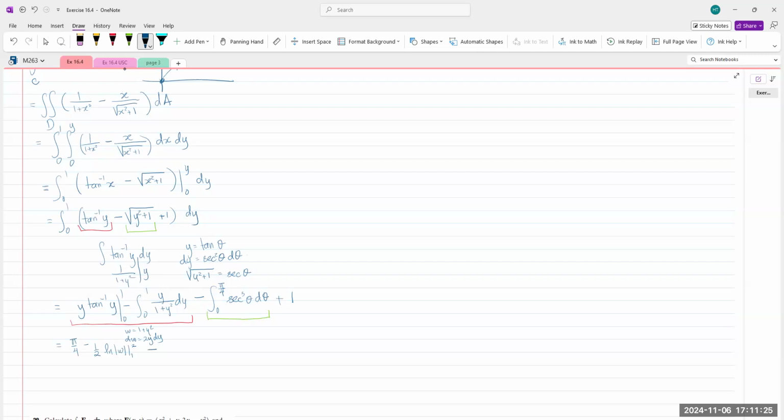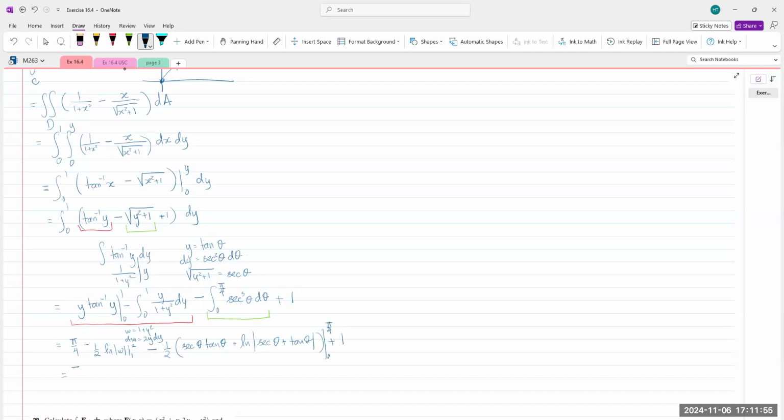Minus, what is the integral of secant cubed? The integral of secant cubed is 1/2 times secant theta tangent theta plus natural log of secant theta plus tangent theta. I think it should be plus, like that, from 0 to pi over 4.